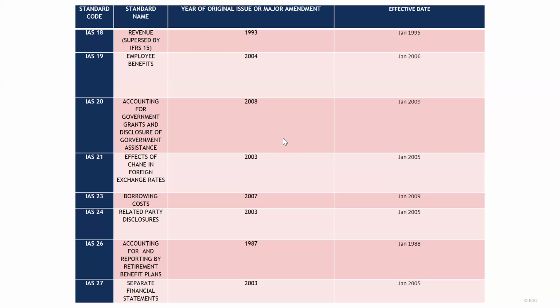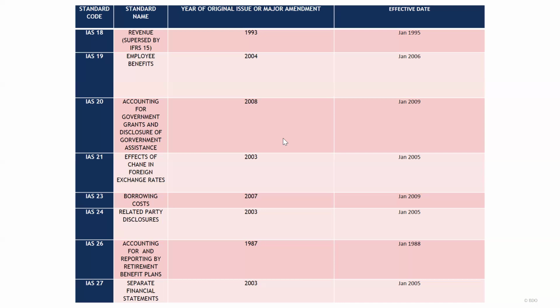We have IAS 23 dealing with borrowing costs, and this standard was issued in 2007 with an effective date of January 2009. The standard talks about qualifying costs which need to be capitalized, while the rest of the borrowing costs need to be expensed as incurred.